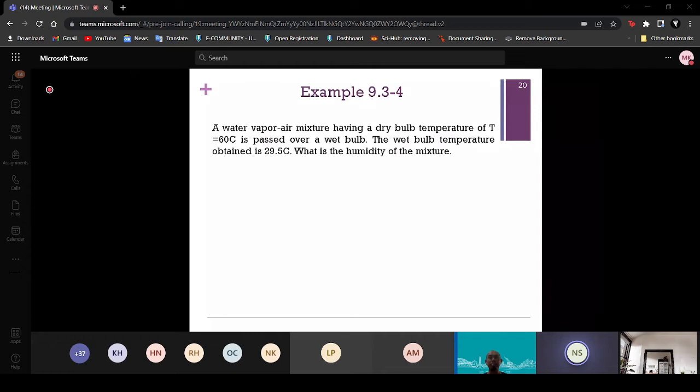Let's look at this example. You have a dry bulb temperature of 60 degrees Celsius passed over a wet bulb. The wet bulb temperature in this case is 29.5, and they ask you to find the humidity. Okay, never mind, let's look at this example first. Later I will create another example so that you can get the wet bulb.